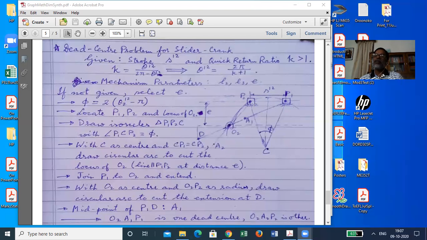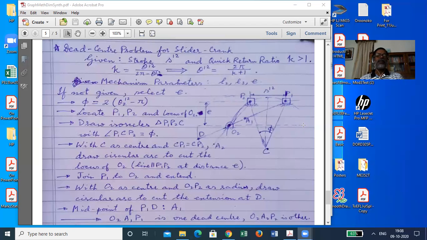These are the slider locations, at distance S12. O2 you don't know, where is O2? But you know one thing, O2 should be at a distance E from this stroke line P1, P2, the line of the slider. So parallel to this, at a distance E, you make a horizontal line and keep it.